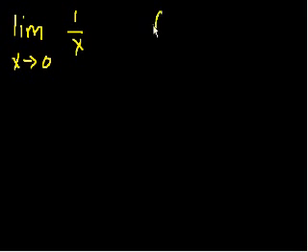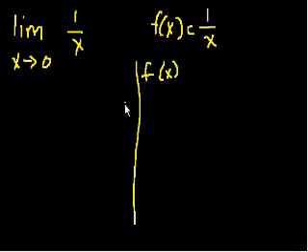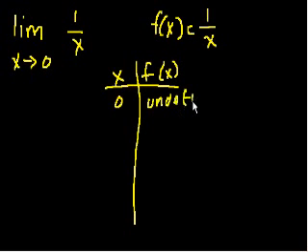Let's say that f of x, you can tell my presentations are very unplanned, f of x is equal to 1 over x. And we want to find the limit as x approaches 0. Actually, let's make a table, with x and f of x. Clearly when x is equal to 0, 1 over 0 is undefined.